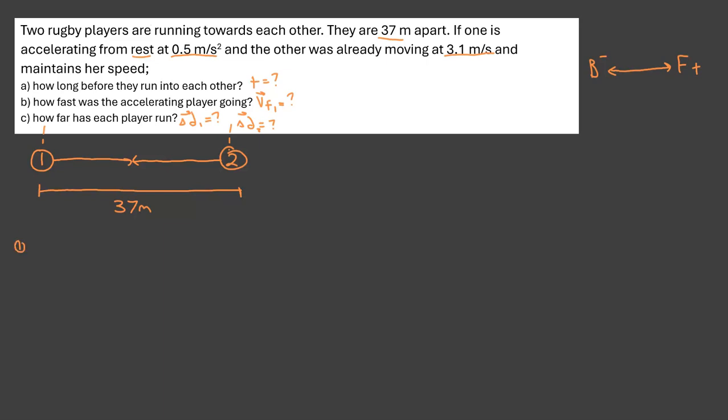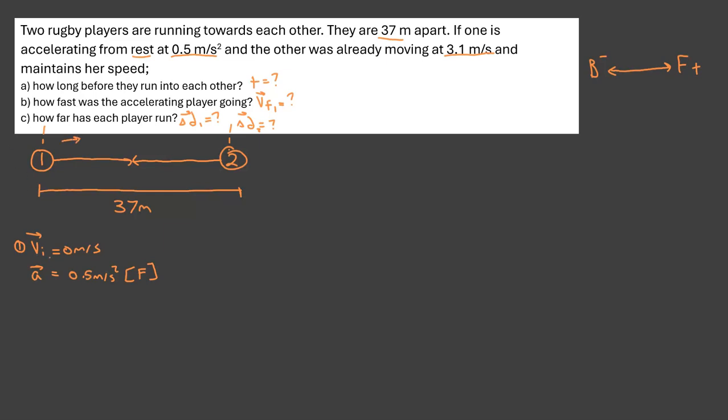Finally, just to state what we know, my player 1 has an initial velocity of 0 because they're starting from rest, and then I know that they're accelerating at 0.5 meters per second squared in the positive direction based on what I've said, so the forwards direction, this way.